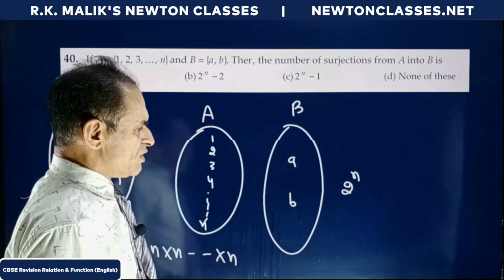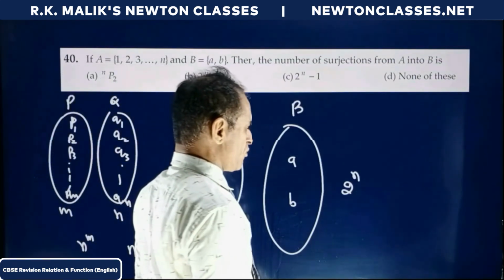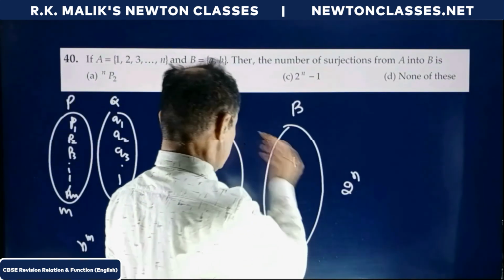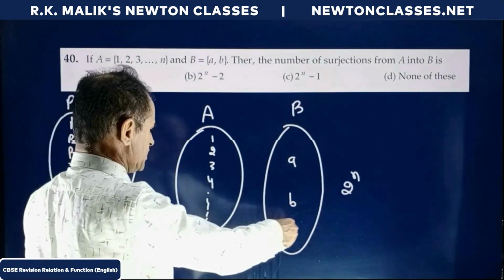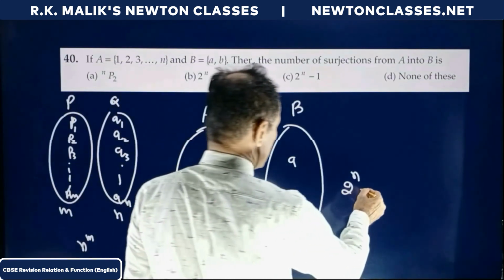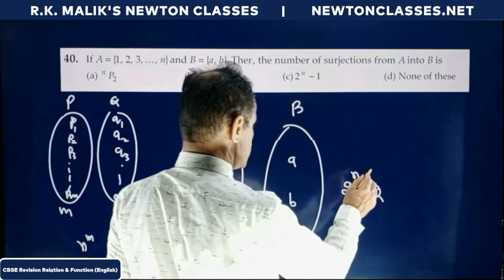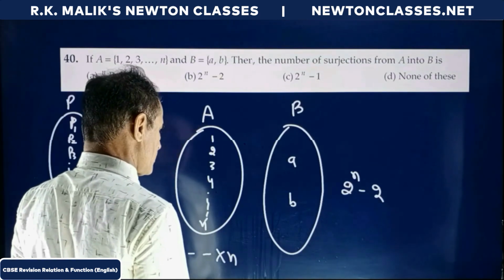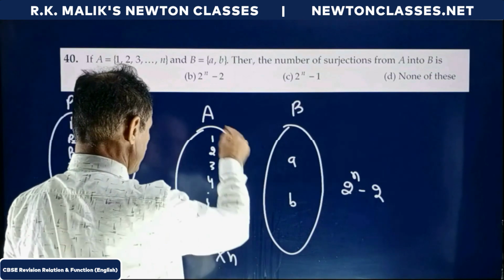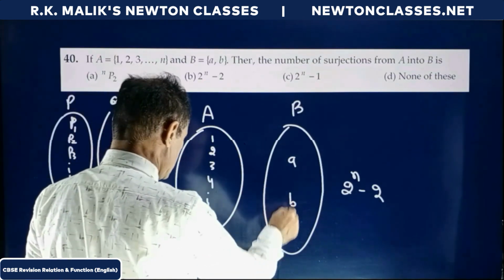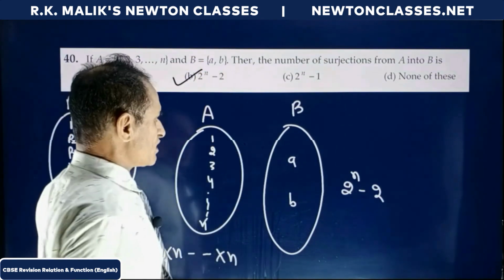That is, all other functions will be onto functions. Therefore, the total number of onto functions, when A contains n elements and B contains 2 elements, will be 2 to the power n minus 2. Rejecting those two cases, when all the arrows go to a, one case, and when all the arrows go to b, the second case. Therefore, B becomes the correct choice.